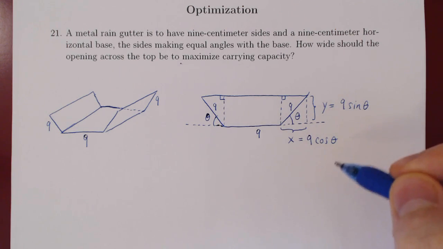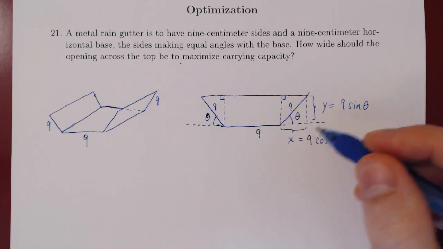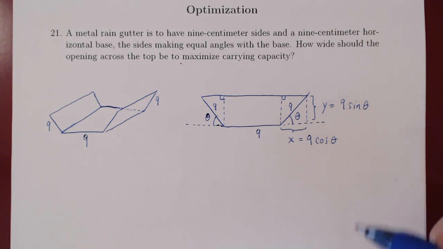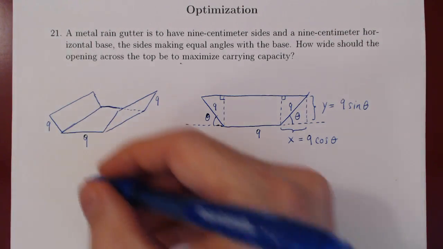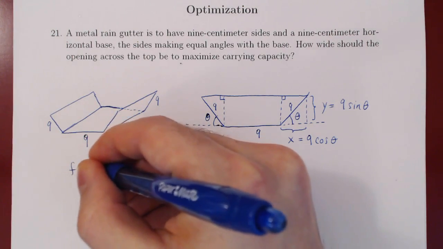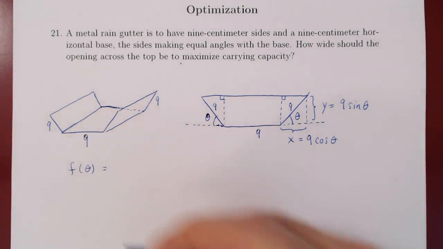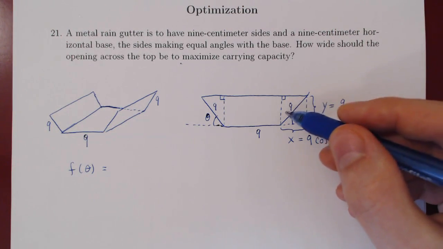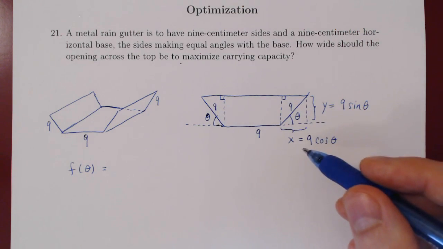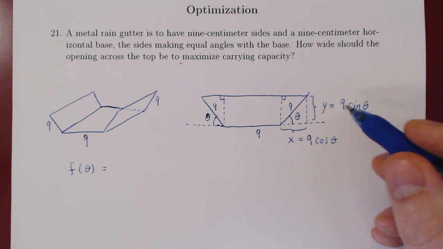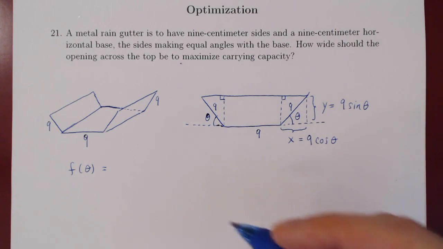So it will be 9 cos theta times 9 sine theta, which is 81 sine theta cos theta. We'll call this function f of theta. It is a function of the angle at the base. So the area of the two triangles is the area of this rectangle, which is simply, as we've said before, this times this, 81 sine theta cos theta.